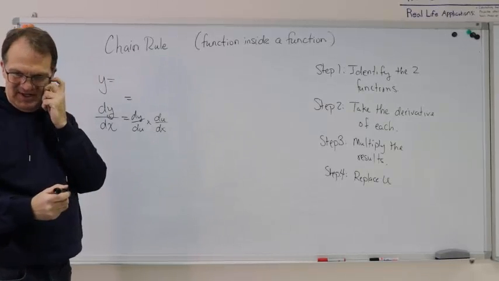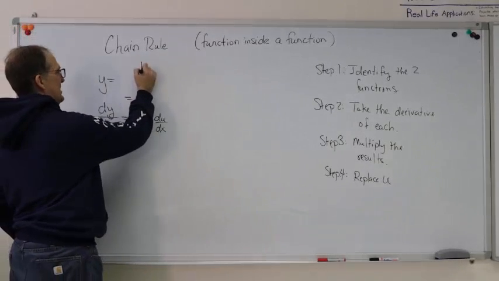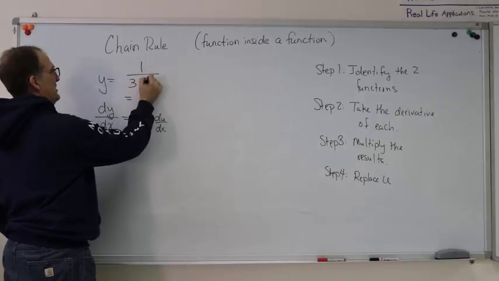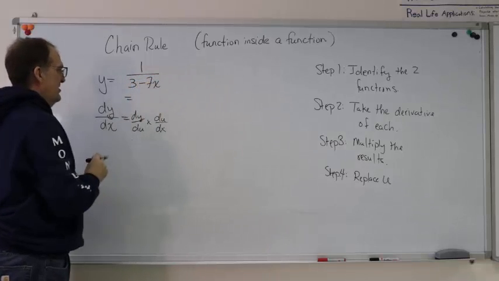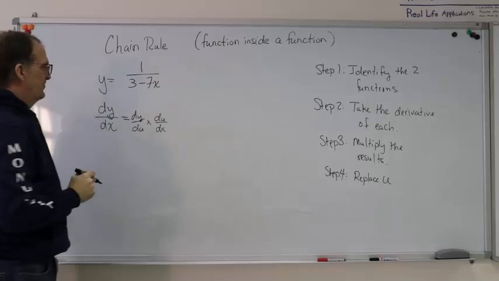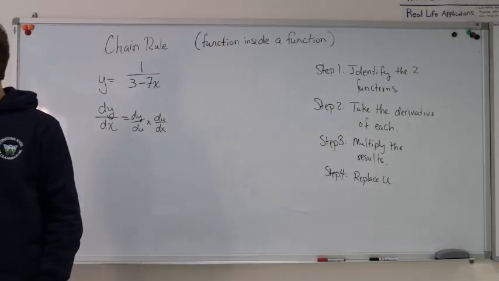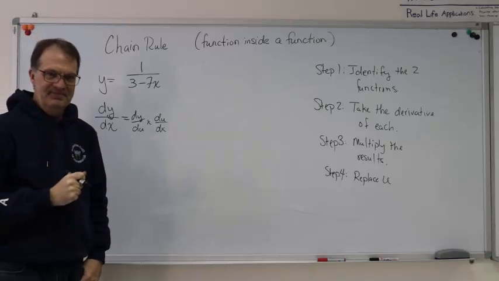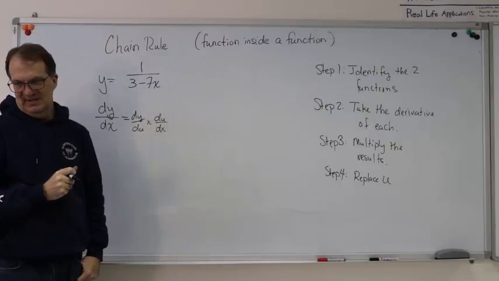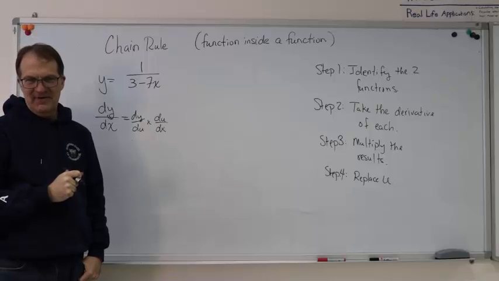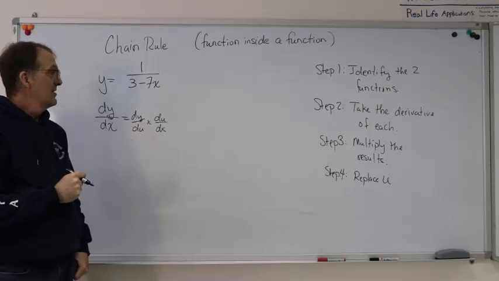All right, so here's your new and last example. 1 over 3 minus 7x. So what's the function inside the function? Let's see. Who haven't I really heard from this morning?